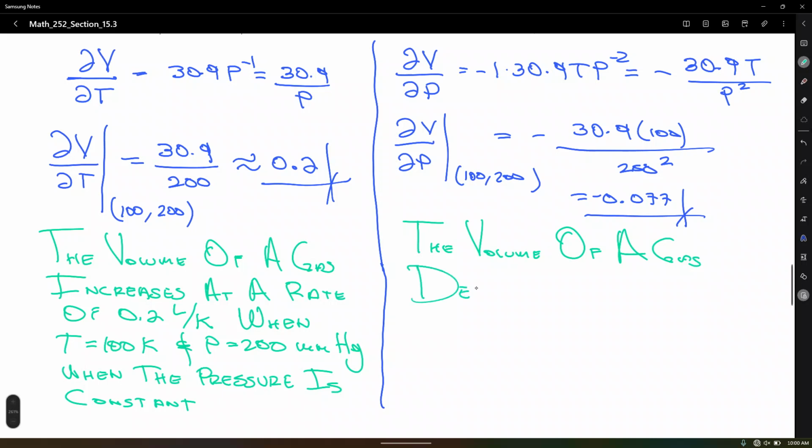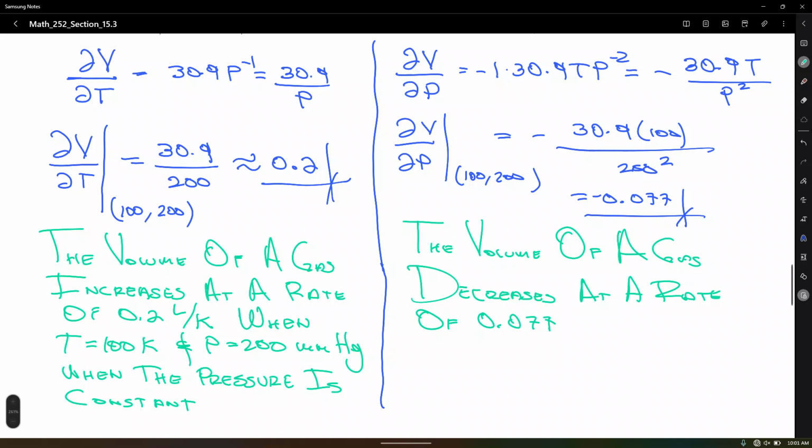It decreases at a rate of 0.077. Notice I didn't write the negative sign because the word decreases already implies that the rate of change is a negative number. So if you write decreases at a rate of negative, it's redundant, right? Actually, it's like canceling signs. Negative, it's positive, and it doesn't make sense to decrease at a positive rate, right?